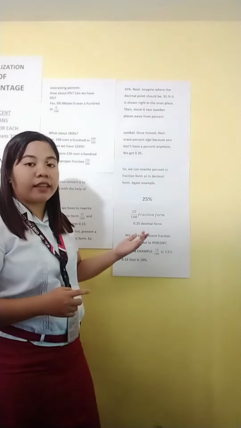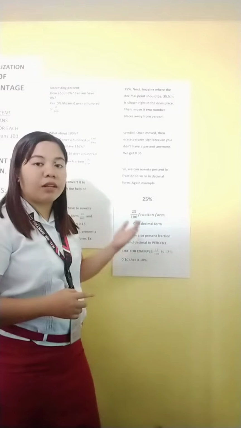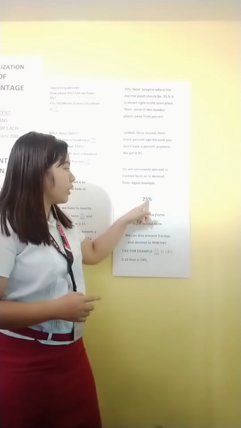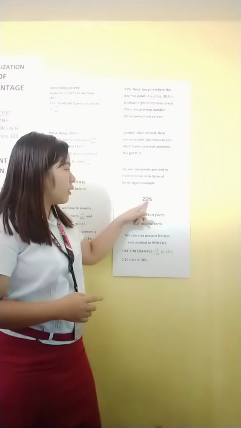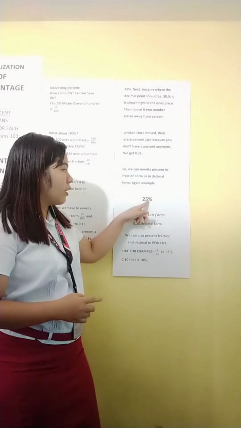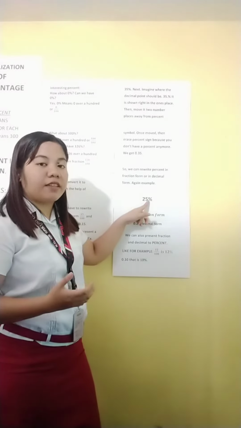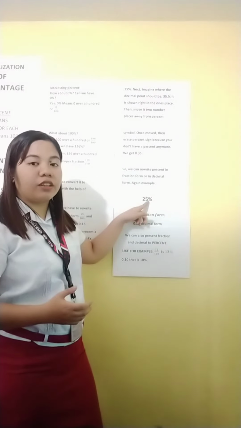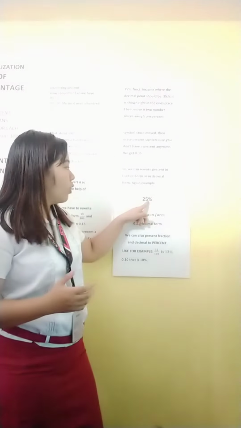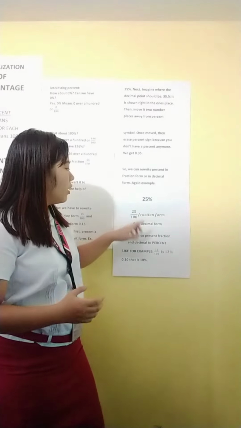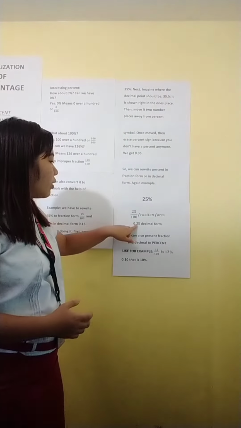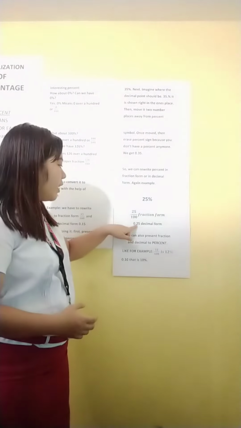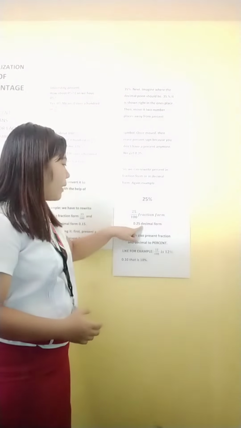Second is to know where the decimal point is. It is in the ones place. We move it 2 number places, 1, 2, so the decimal point is here, 0.25.